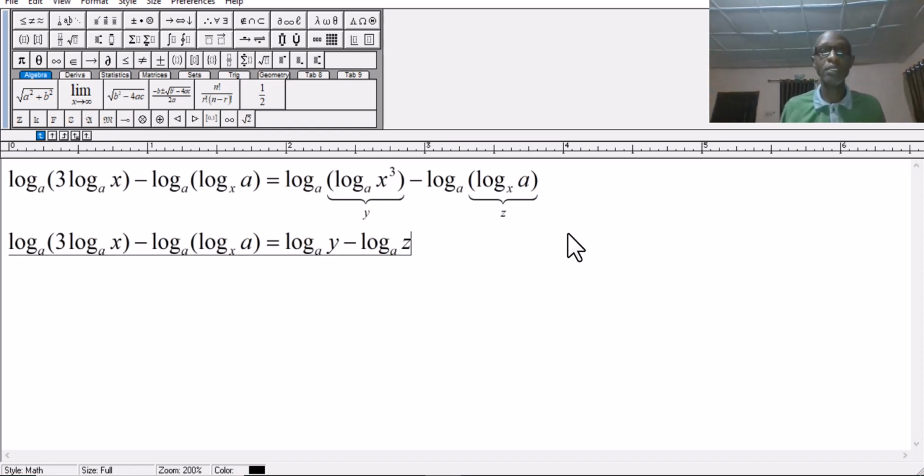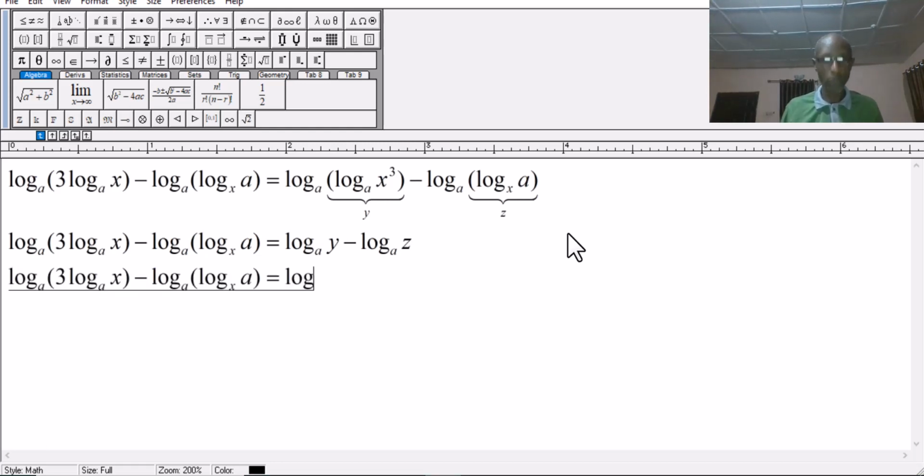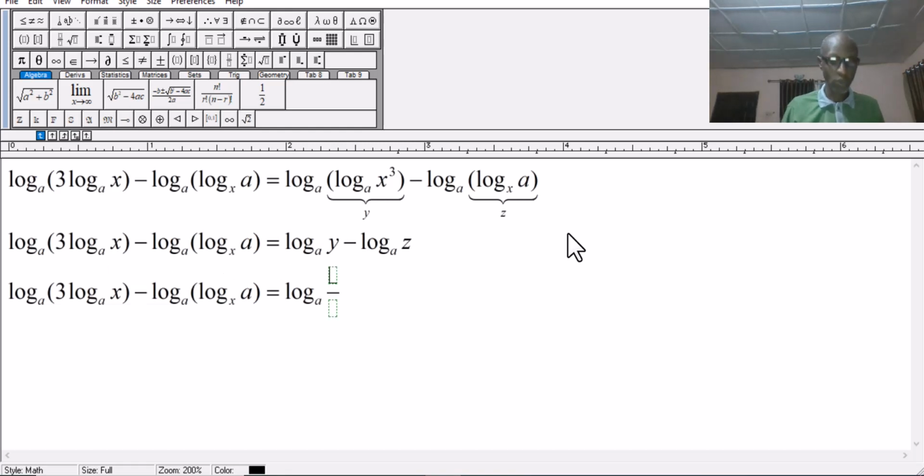So that is that. Since the base is the same, I'll say log a of y over z.